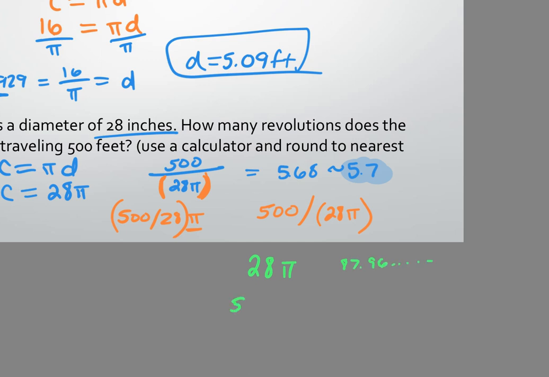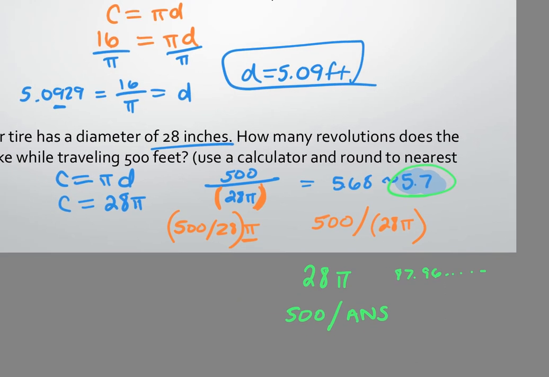And you could do 500 divided by ANS, which is going to pull up the last answer. So instead of typing in that whole thing, you can hit the ANS button, which is above the negative button, and it will bring back your last answer. So 5.7 is the number of revolutions it takes.